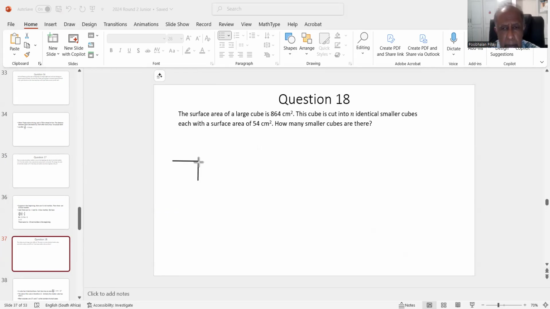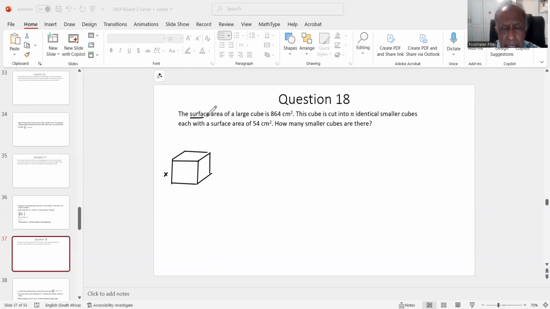Let me just draw this cube. So you've got squares throughout. All the sides are the same because they're all equal squares. So let's call this side x.